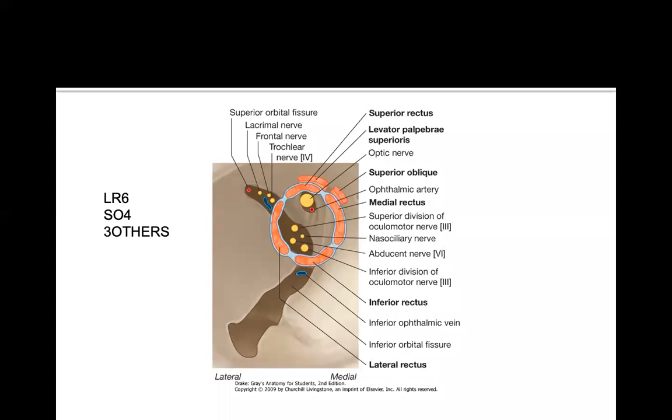The 6 stands for what? What do you think this 6 will stand for? The LR is lateral rectus, so 6 will be what? What will be the 6?